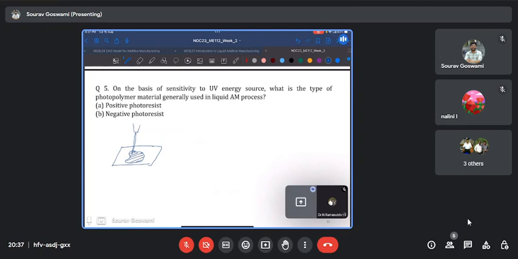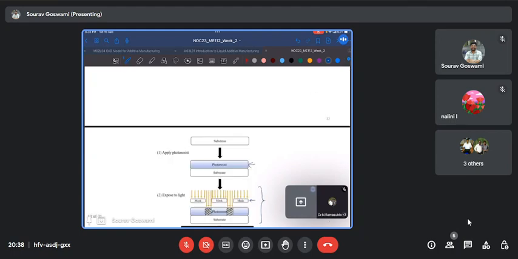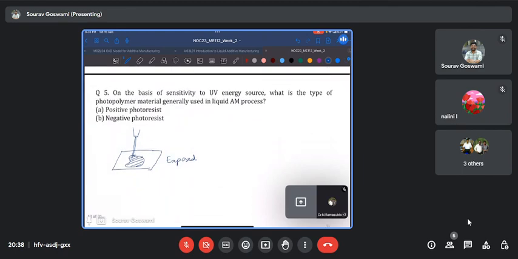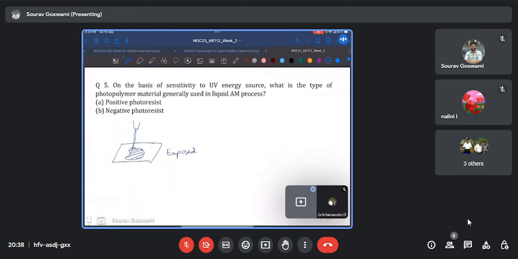Or in laminated object manufacturing, it is cut away. But concentrating on the liquid processes, it is only the exposed regions which survive. And from the classification of negative and positive photoresists, we see that this corresponds to the case of the negative photoresist. So it may be said that generally the type of photosensitive resin used in liquid-based AM processes is of the negative type.